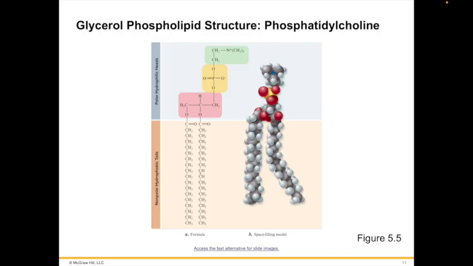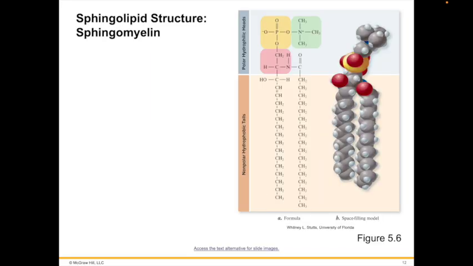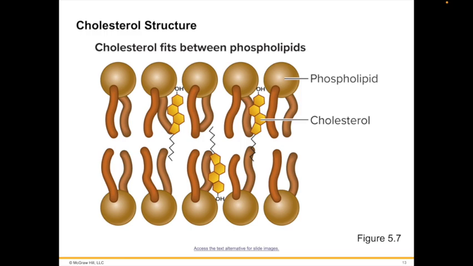The two nonpolar fatty acids extend in one direction, roughly parallel to each other, shown before you now in figure 5.7. The polar phosphate group points in the other direction. So there you have it. To represent this structure, phospholipids are also often diagrammed as a polar head with two dangling nonpolar tails.